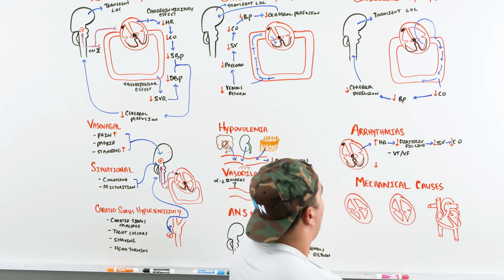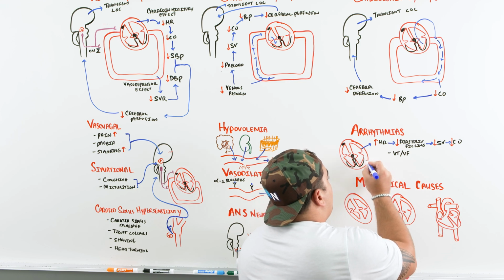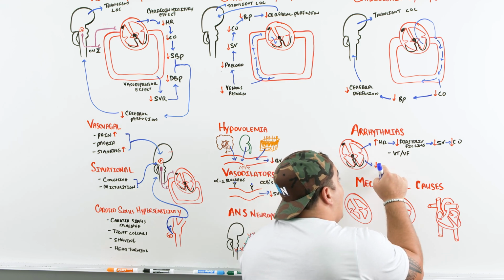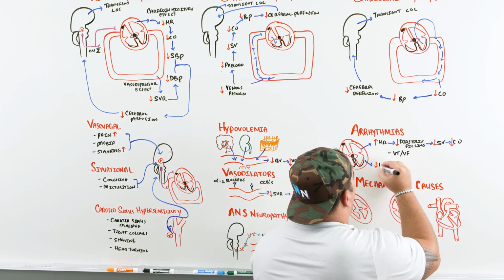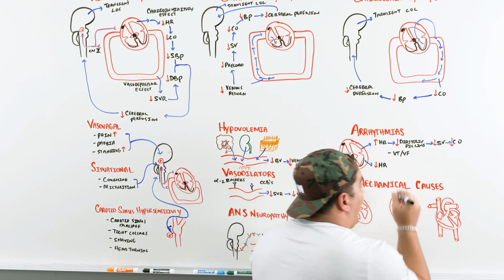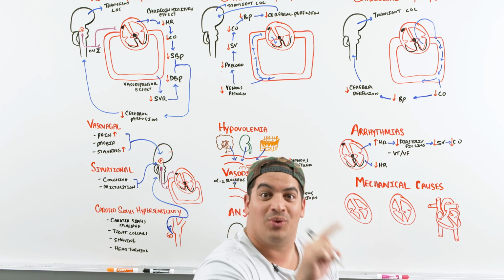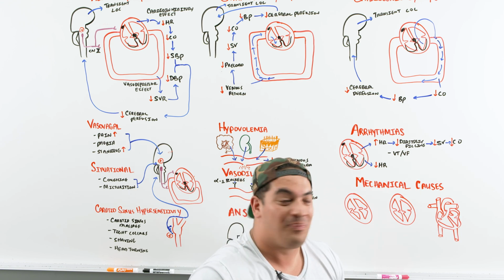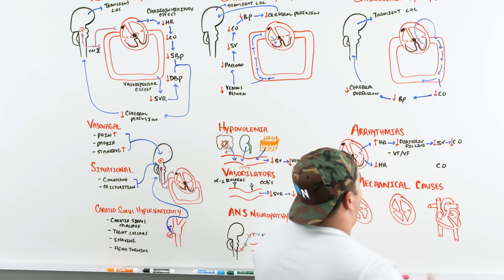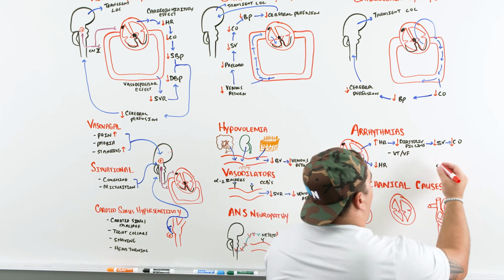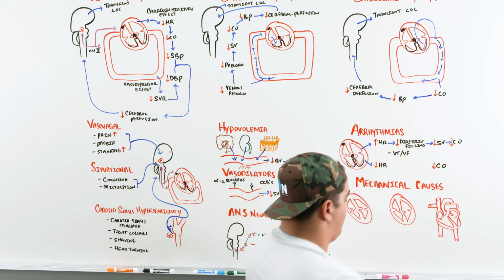The other one is if the heart rate is super low, because this is directly tied to cardiac output. We know cardiac output is equal to heart rate times stroke volume. So if heart rate drops, you will directly drop their cardiac output. We don't even have to go through all of this mess.